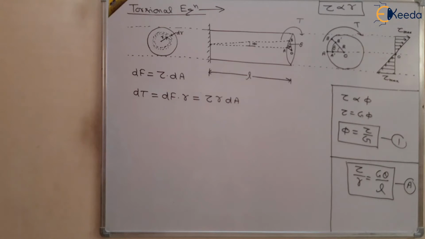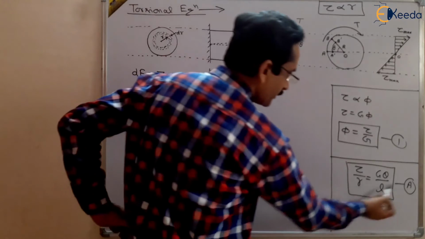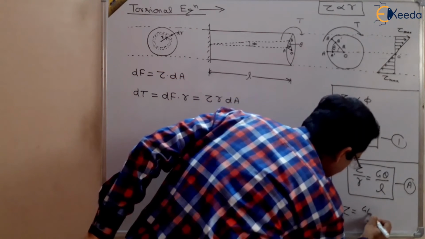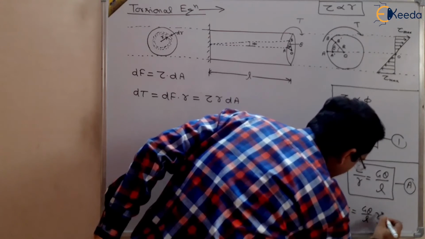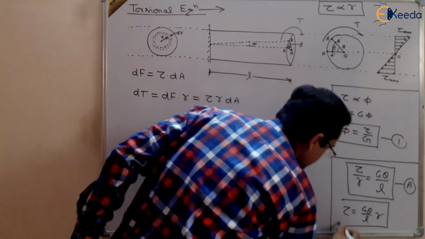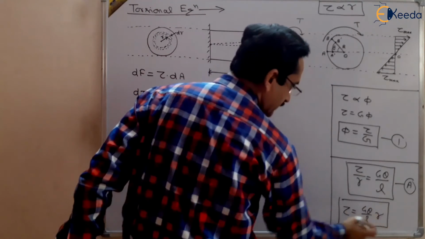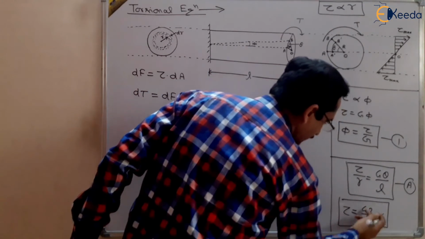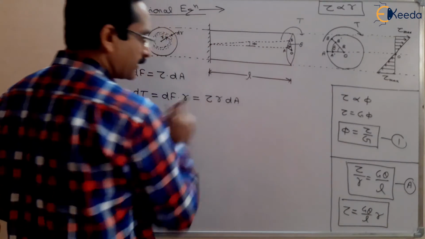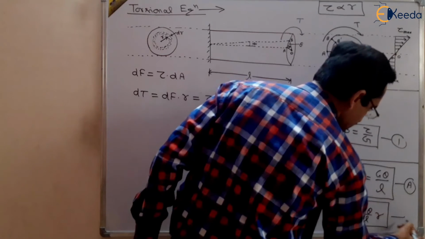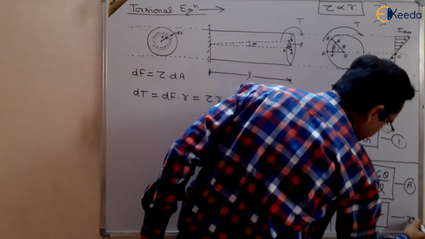Tau r dA, right? And from equation A, we can write that tau will be equal to G theta upon L multiplied by r, because we know that shear stress is varying linearly. So G theta by L was constant, and tau is equal to G theta by L multiplied by r. We can put this equation, suppose this is the 7th equation, in the 8th.